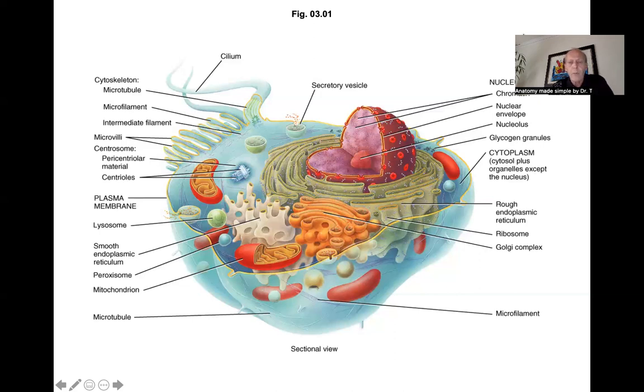So here we have one generalized look at the cell, nicely illustrated to show all of the important cellular structures, but of course such a cell doesn't really exist within a human body. However, it addresses a number of different things such as the plasma membrane, but as we can see on one part of the cell, the illustrator added some microvilli and also a couple of cilia that would eventually make some cells capable of moving.